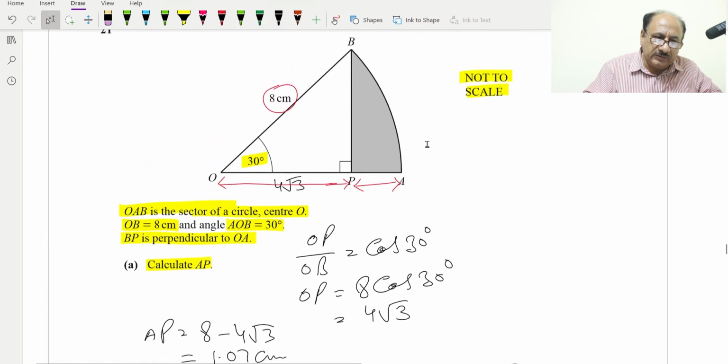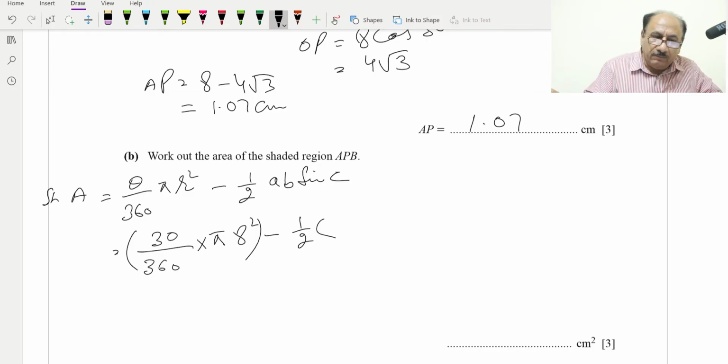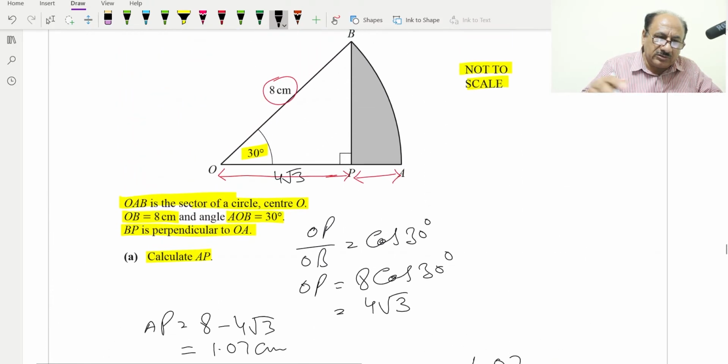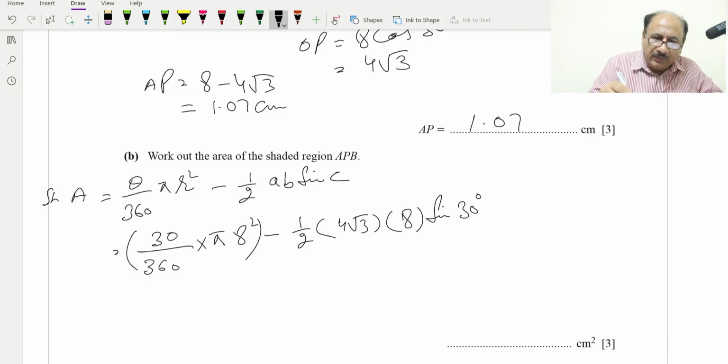R is 8, so we can write here 8 squared minus, we can put brackets over here, 1 by 2 into base. For this triangle, this white portion, the base is 4 under root 3, so AB is 4 under root 3, and the other side is 8, and sine of 30 degree, and we can calculate this.